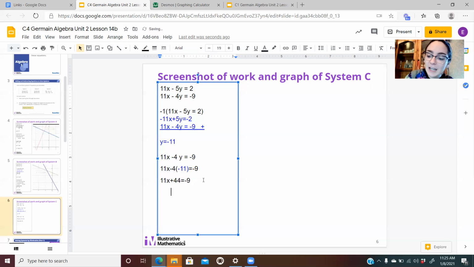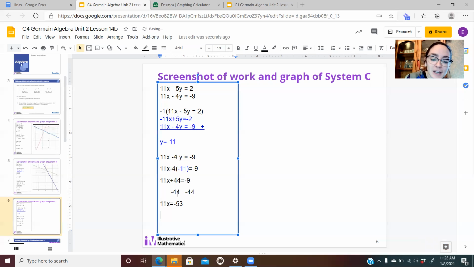So to each side, I'm going to subtract 44. Okay, so this is canceled out, and we're left with 11x is equal to -9 minus 44. So that's like saying 9 plus 44 is 53, -53. Okay. So I have this -53.